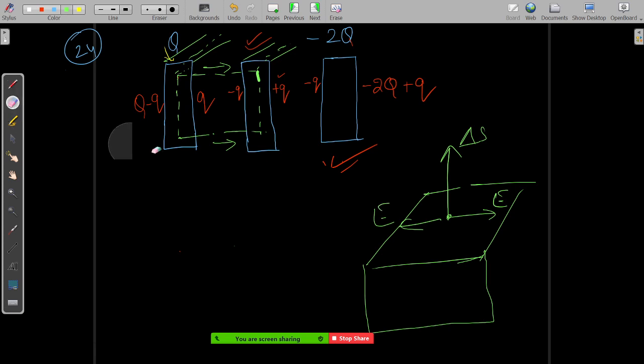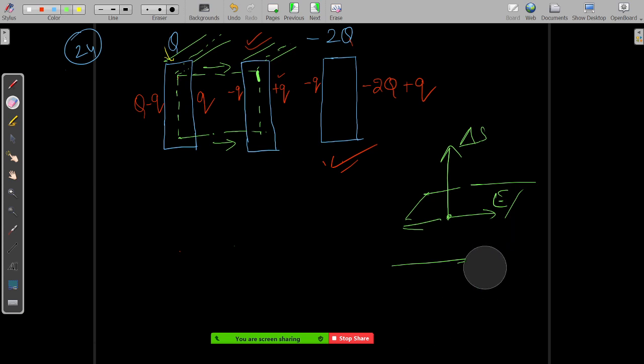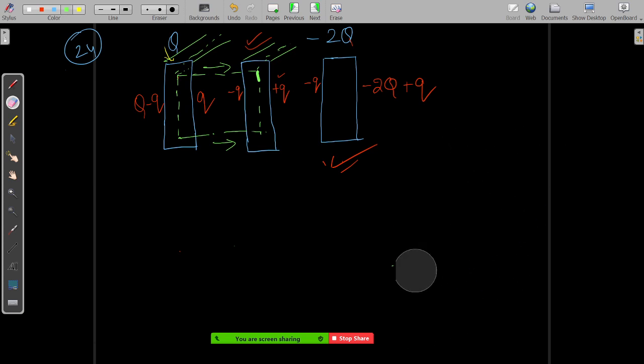You are understanding or not? See, you just concentrate here. This is a surface. This is a line you are able to see here. This is a horizontal surface basically.